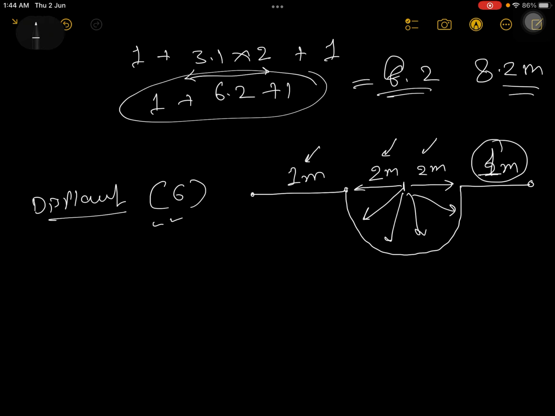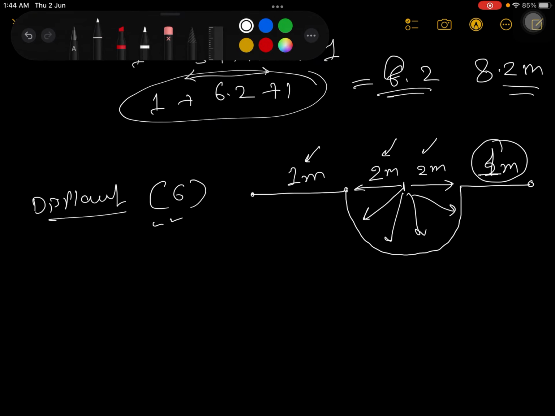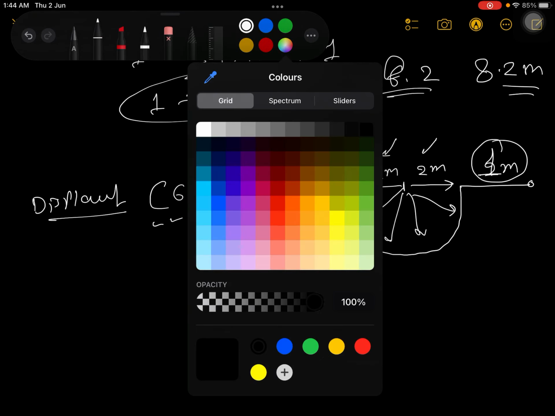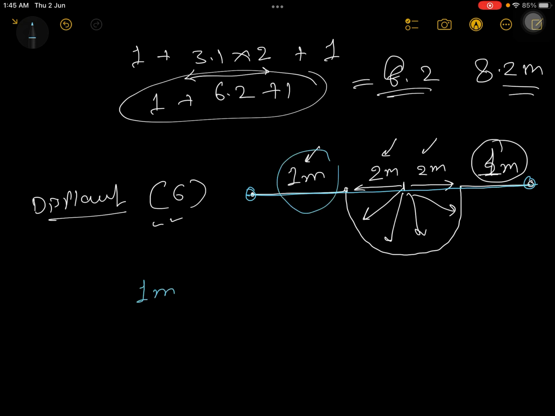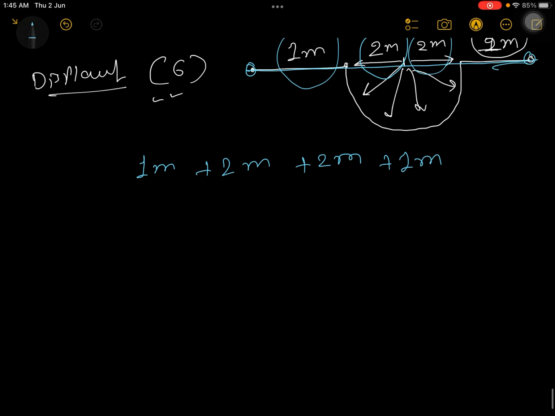What is shortest distance? I have explained it in the last class: the straight line distance. You start from here and just connect directly. That length is nothing but 1 meter for this part, plus 2 meter for this part, then a further 2 meter for this part, and then 1 meter for this part. I hope it's very clear. So the total is 2 plus 2 plus 2, so 6 meter displacement.